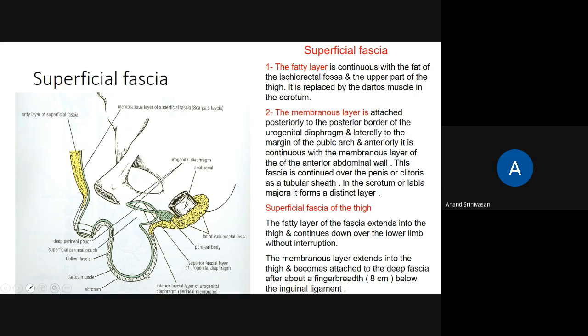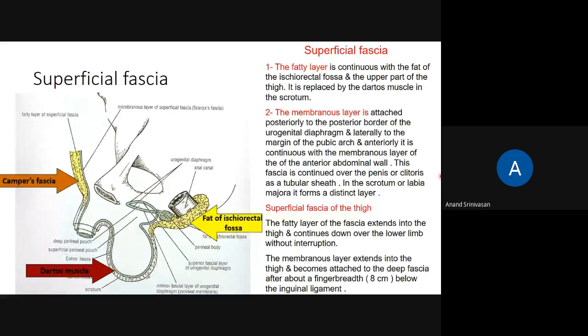We have discussed this in the upper limb, lower limb, as well as the anterior abdominal wall. So that's the fatty layer or Camper's fascia, the dartos muscle, the fat around the ischiorectal fossa, Scarpa's fascia, and Colles fascia.